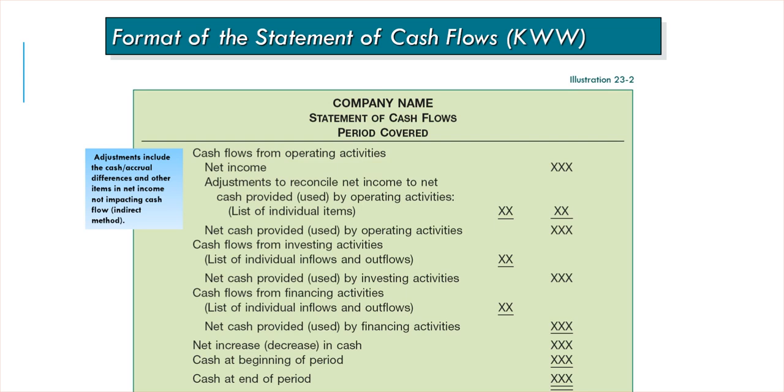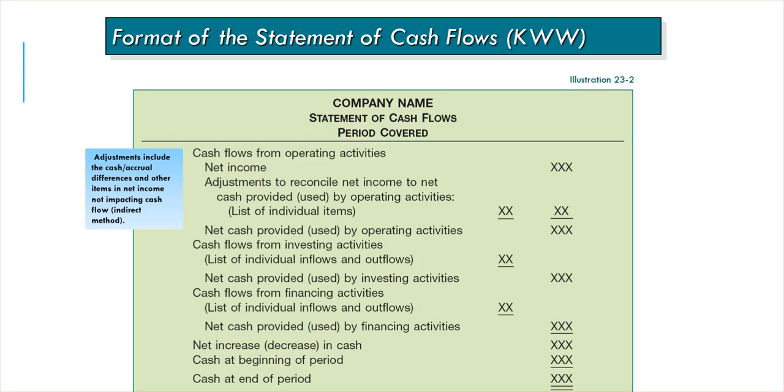In your statement of cash flow, this is from a particular textbook, and I'm referencing the textbook up there with the KWW, Kieso, and then Weygandt, and I forgot the last W. Anyway, this is a statement, and this is the indirect method, in one of their illustrations in their textbook.